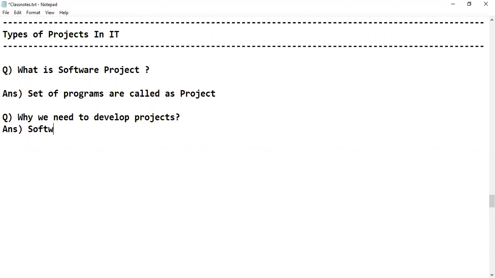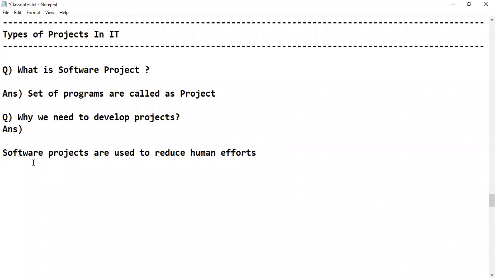Software projects are used to reduce human efforts. Software projects are used to make a human's life easy by automating the work.